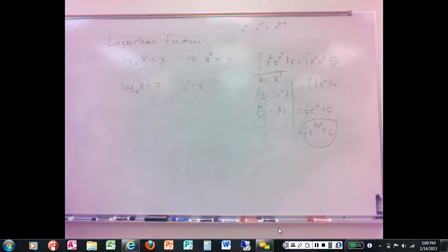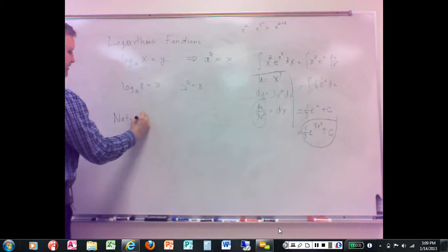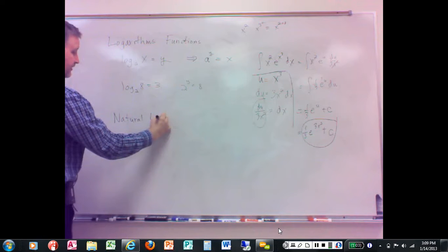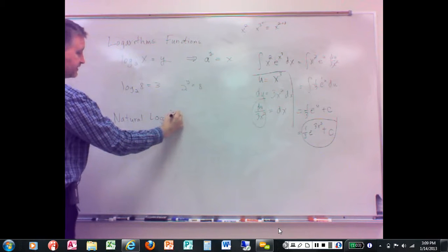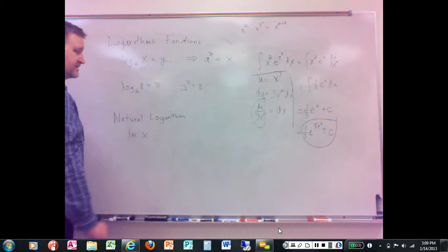Well, there's a lot we could talk about, but just for time's sake, let's talk about, first of all, the natural logarithm, because that one will be the one we most typically encounter. We'll encounter a few others, but the natural logarithm by far will be the most often one we see. The natural logarithm gets back to base e, doesn't it?